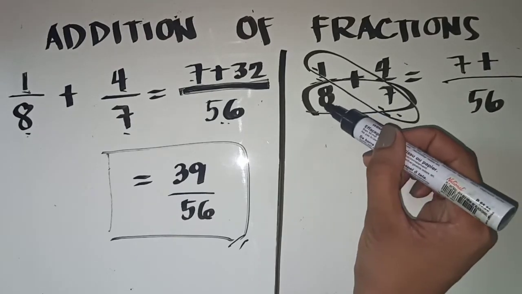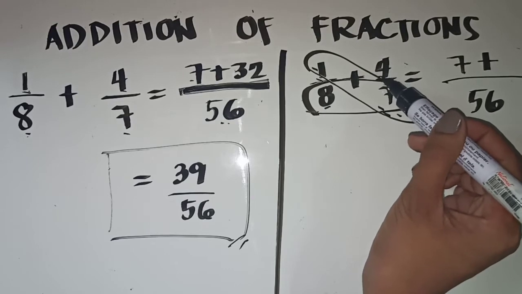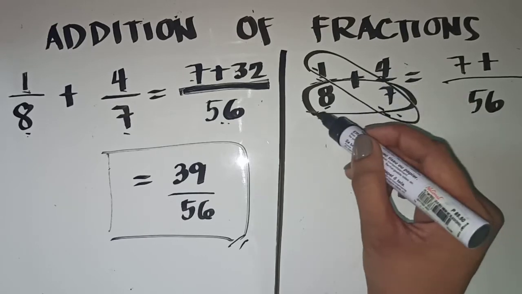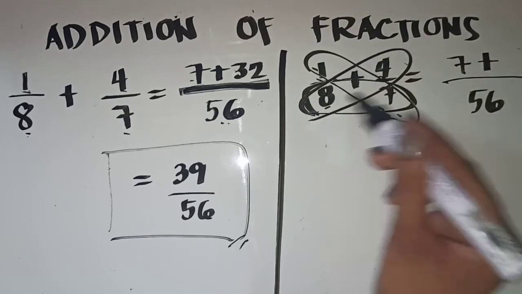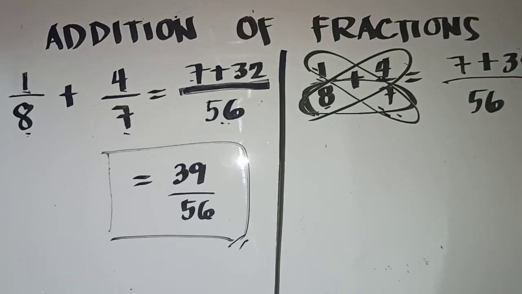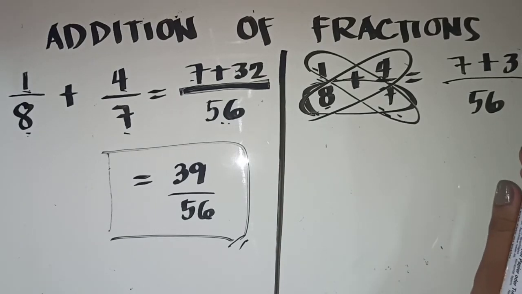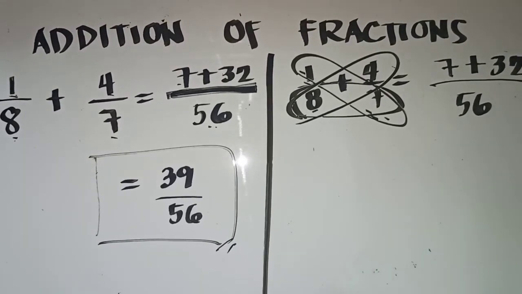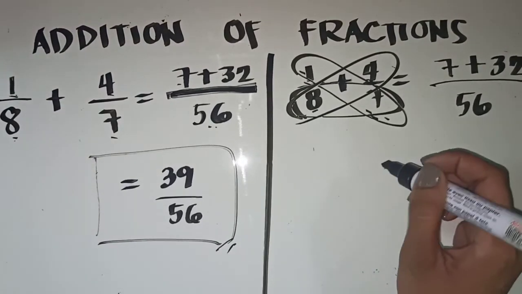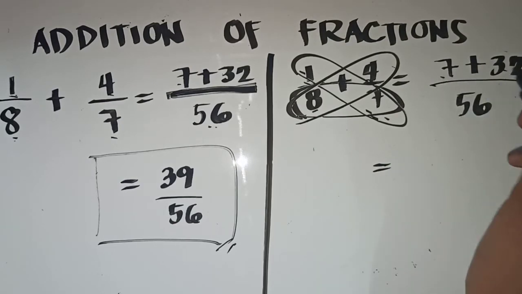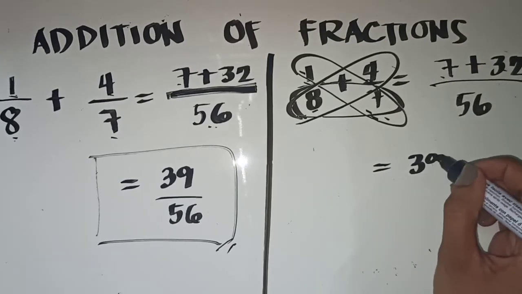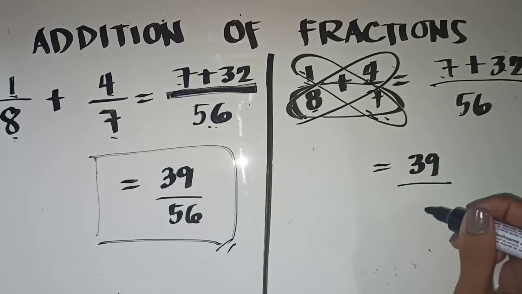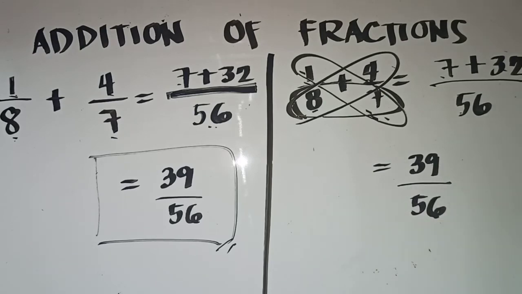And itong denominator nito is imumultiply sa numerator ng second term. So, 8 multiplied by 4 is equal to 32. Okay? So, that is equal to 32. Okay, so next, 7 plus 32 is equal to 39 over, copy the denominator which is 56.